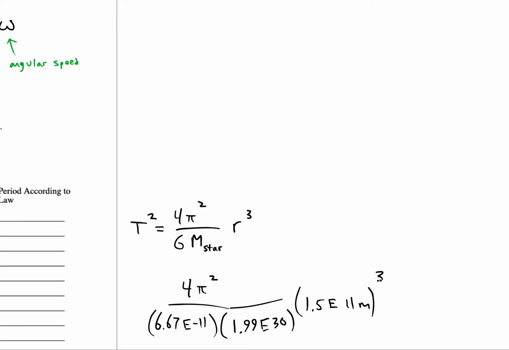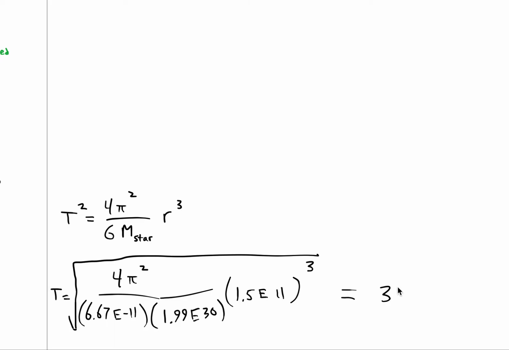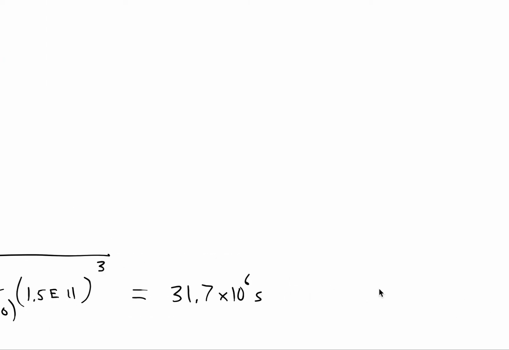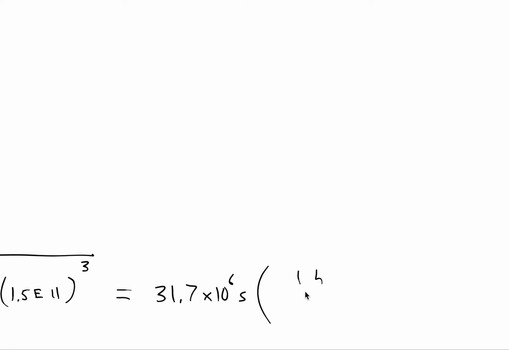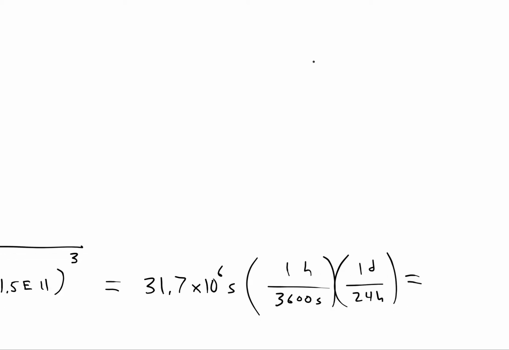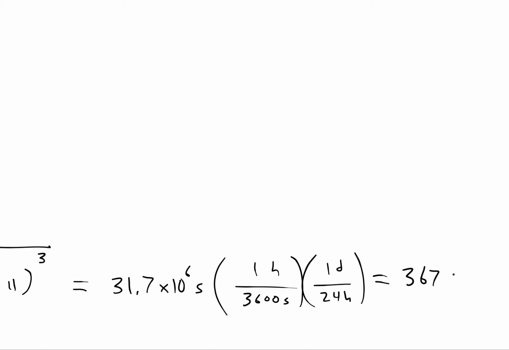Alright, and we gotta cube that. But that, of course, is only gonna give us T squared. So if we want T itself, we better square root all that. 31.7 times 10 to the 6 seconds, which if you convert it, 1 hour, 3,600 seconds, 1 day, 24 hours, 367 days or so.